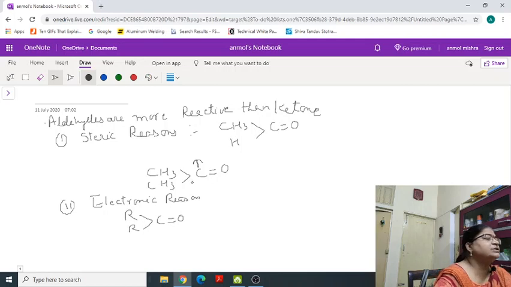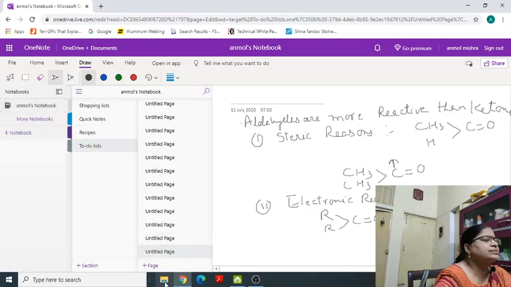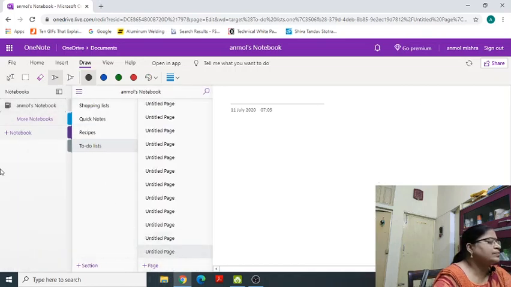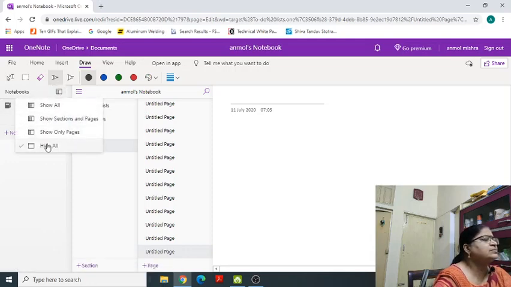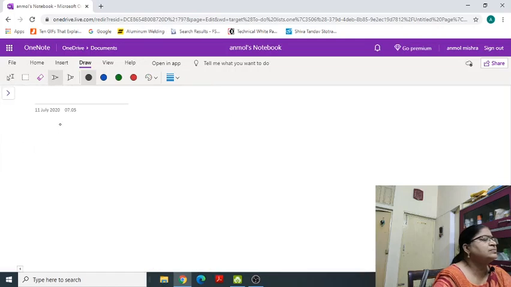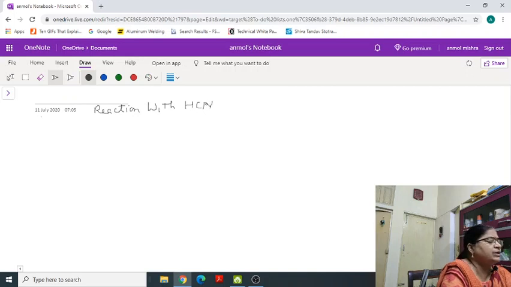Under it, first is reaction with HCN, reaction with hydrogen cyanide.